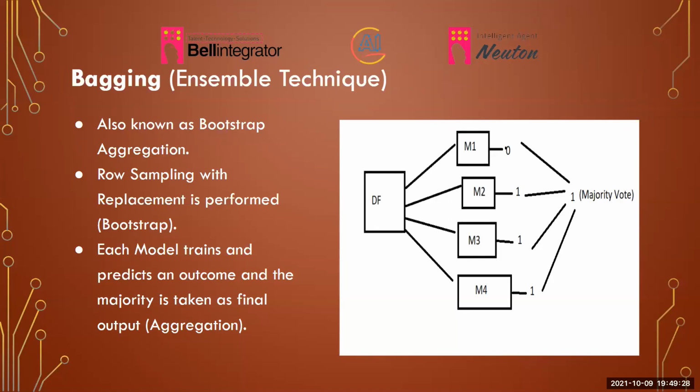Let's say that M1 predicted the outcome as 0, and M2, M3, and M4 all predicted 1. So the yeas have it and the nays don't. The weightage is given to the highest majority. If the majority is 1, then the final model output will be 1. So what is happening here is aggregation. This is how it got the name bootstrap aggregation.